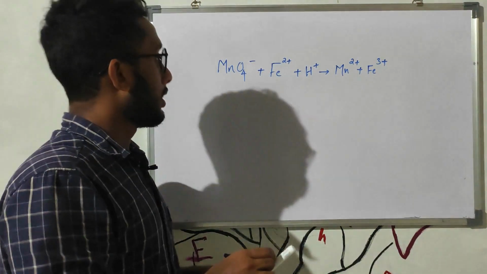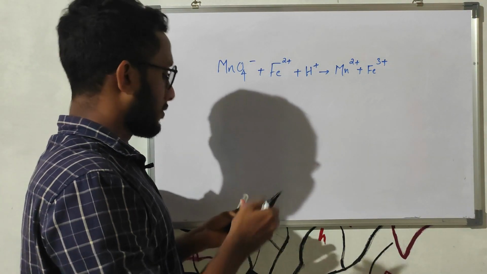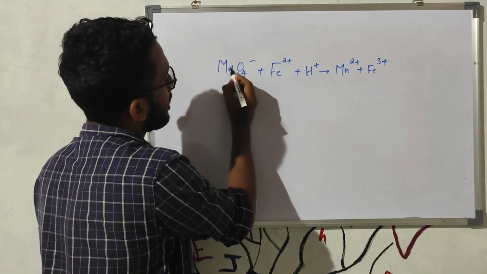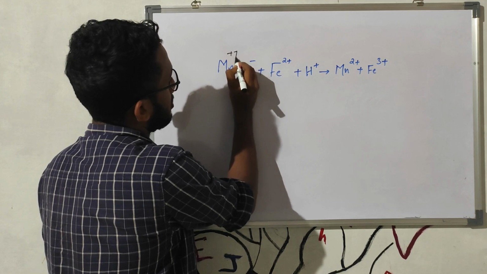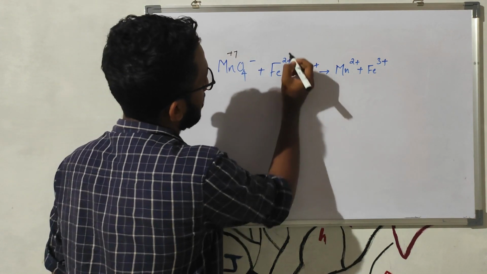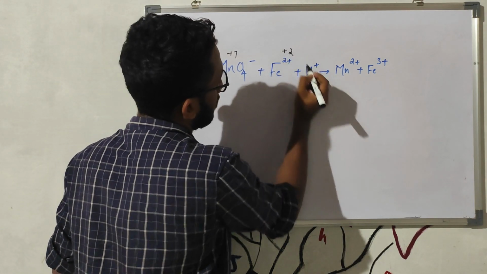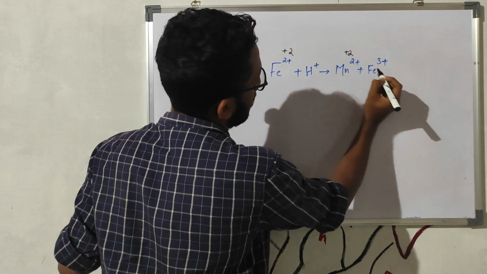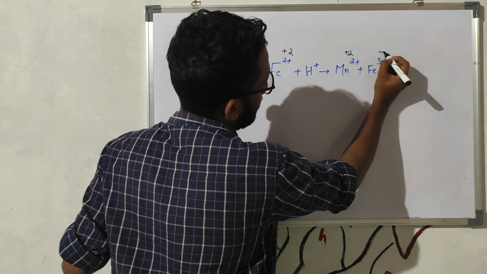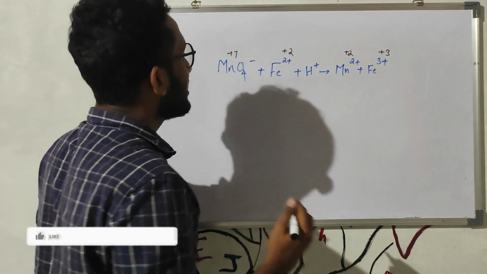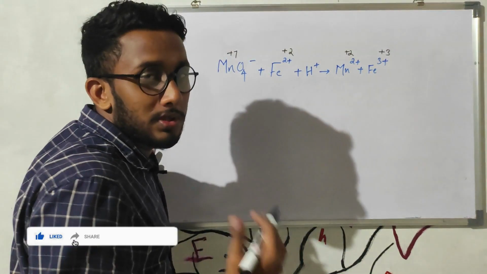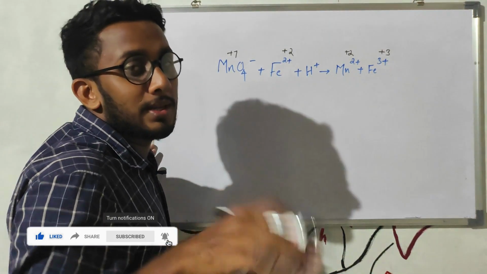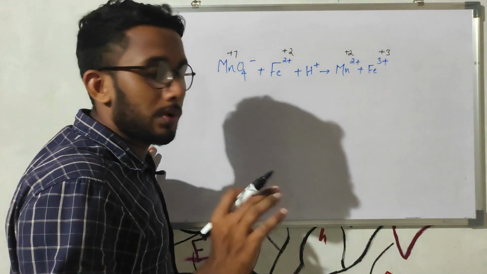Let's start by numbering the oxidation states. The oxidation number of Mn is plus 7, the oxidation number of Fe is plus 2, then Mn is plus 2 and Fe is plus 3. An increase in oxidation number is called oxidation and a decrease in oxidation number is called reduction.